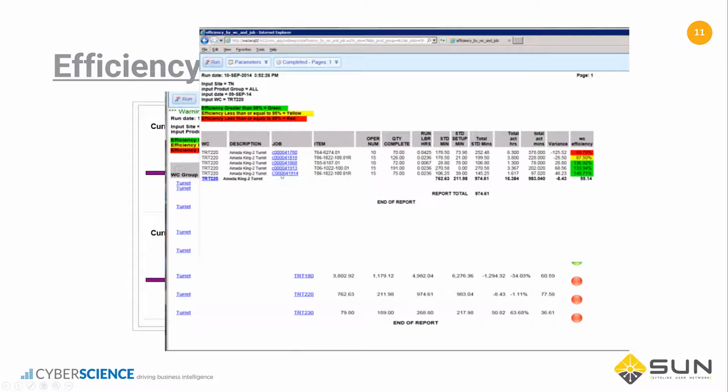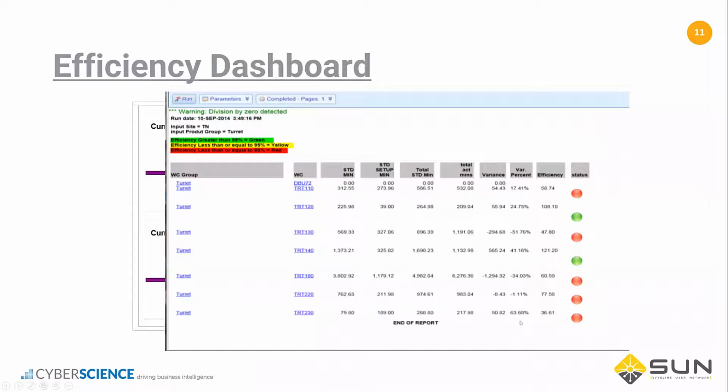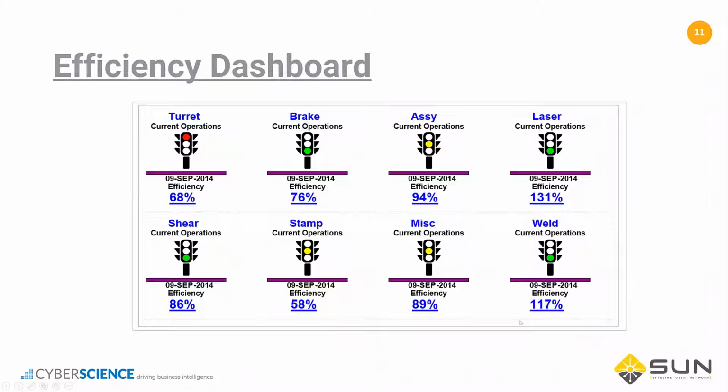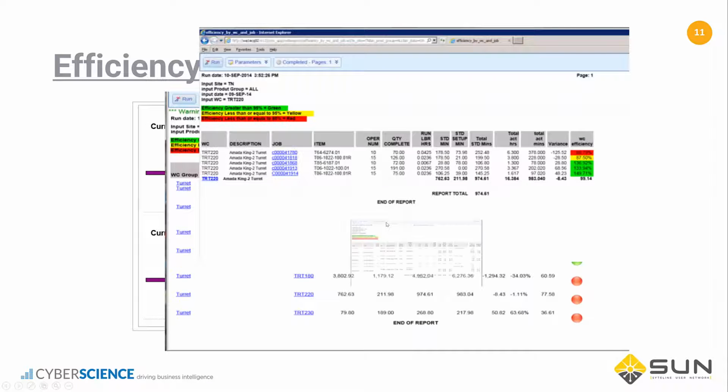They click on a job and they can drill all the way down to see who are the people logging time against that job, and are they over or under the standard in terms of minutes. So again, they can start off with a real high view. As a matter of fact, this dashboard was so successful, they ended up putting it on a touchscreen monitor out on the shop floor. So managers can just walk around, and with a finger, they can go tap, tap, tap to get the data they want to see.